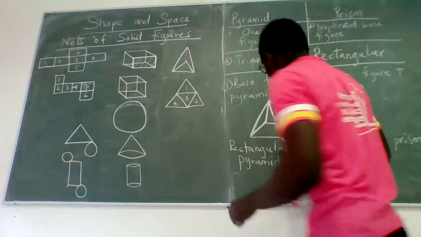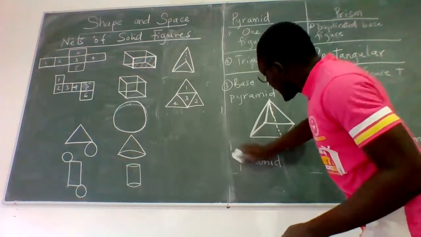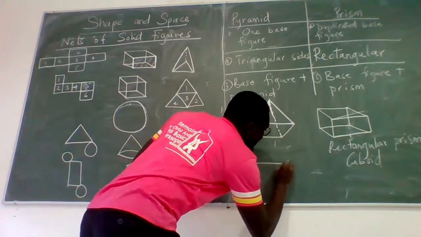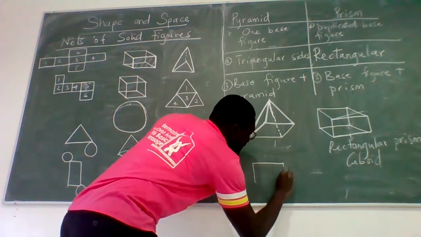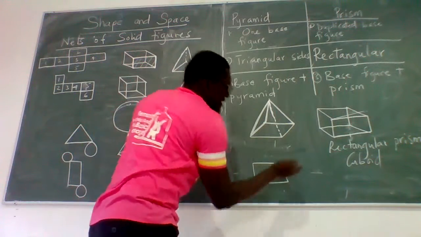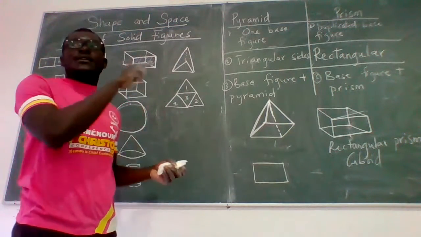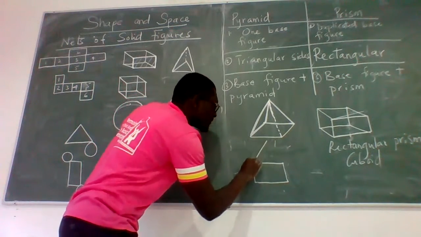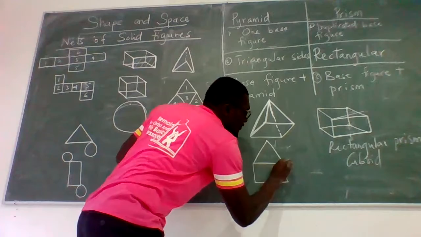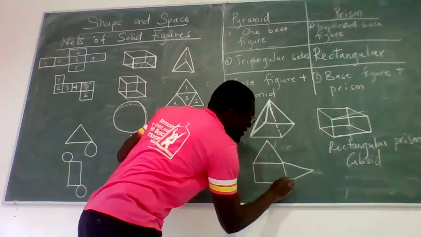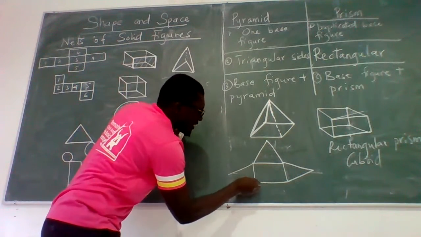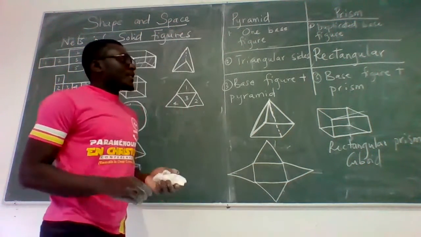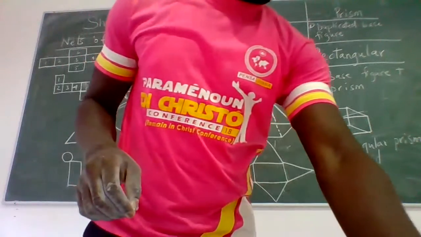The net for the rectangular pyramid: we have our rectangle at the base, and because we are saying it is a pyramid, we know that the surrounding figures are going to be triangles. So this becomes a triangle, there becomes a triangle, here will be a triangle, and then this also becomes a triangle. So that will be it.